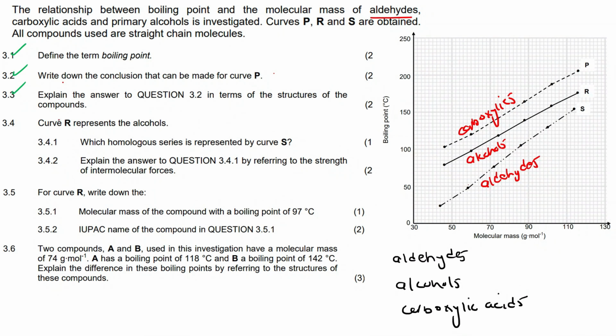Okay, so they said here curve R is the alcohols. Which homologous series is represented by S? That would be aldehydes. Then it says explain by referring to the strength of the intermolecular forces. But it's only for 2 marks, so we're not going to go into the details.